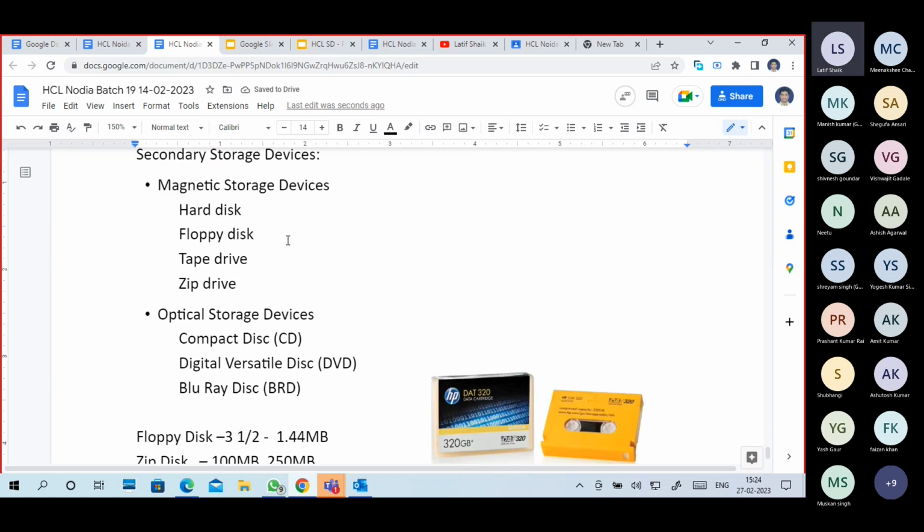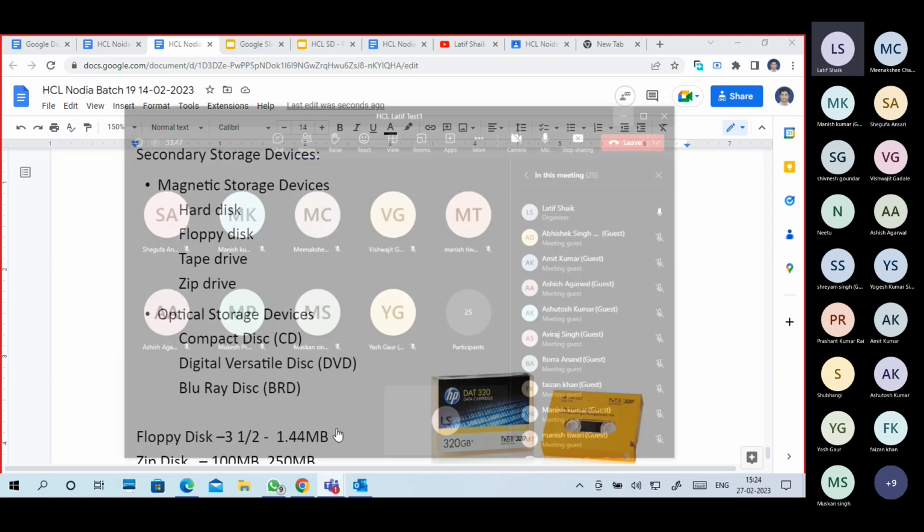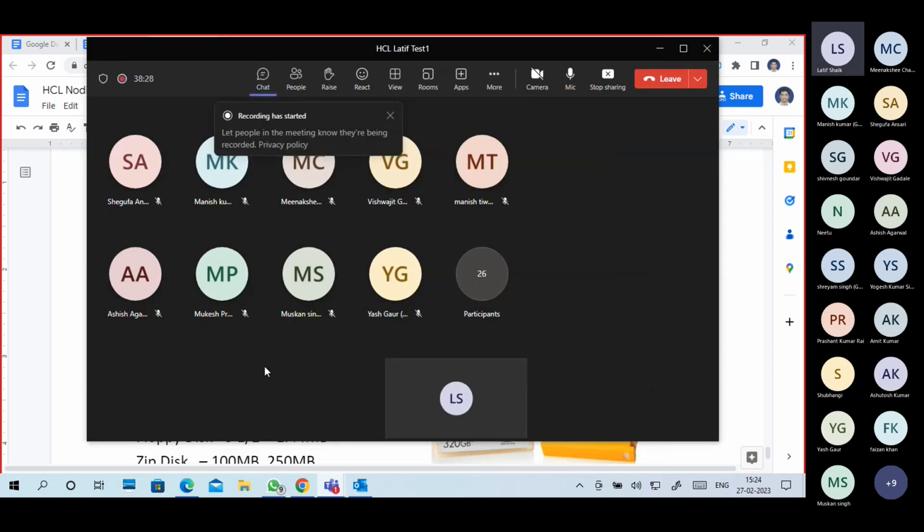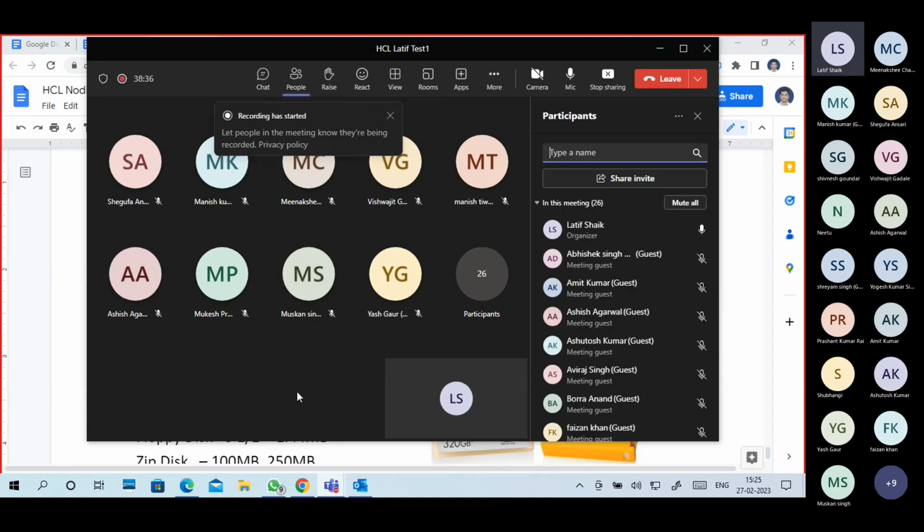Guys, in secondary storage devices, what are the primary storage devices? Anyone? What are the primary storage devices? So today everybody is silent. RAM and ROM. Very good.